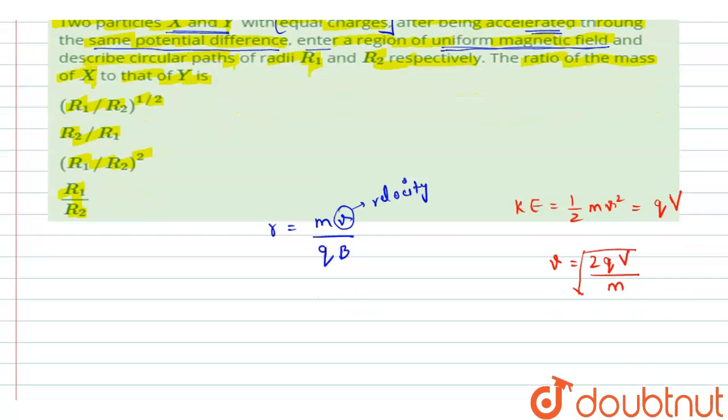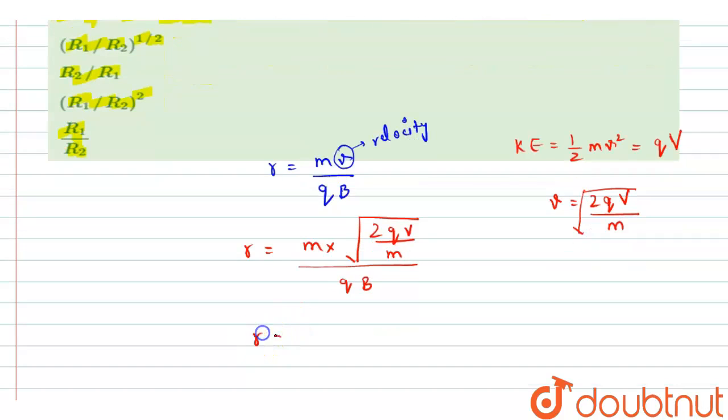So let me replace the value here. To get the general formula for radius, we get m into root of 2qV over m, divided by q into B. After solving, the m and m will cut out and we are left with root m, and the q and q will cut out and we are left with root q in the denominator.